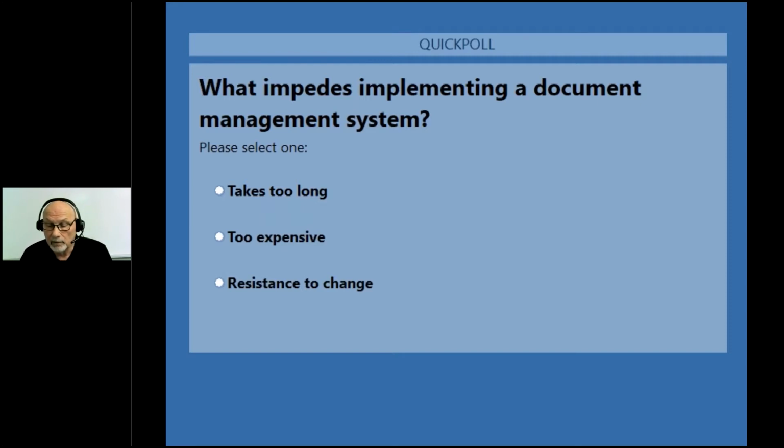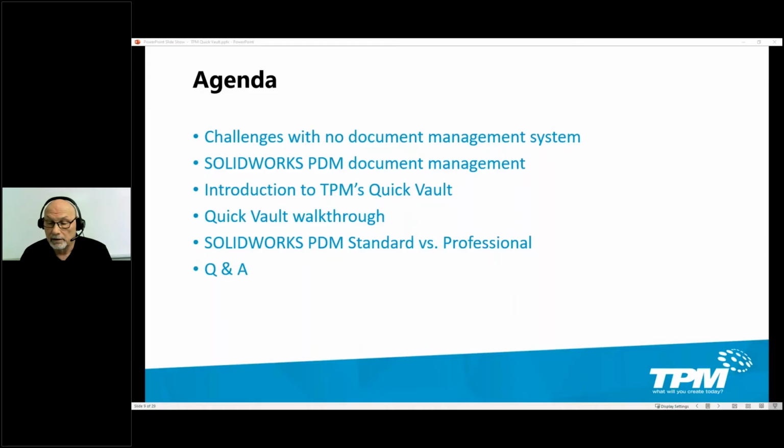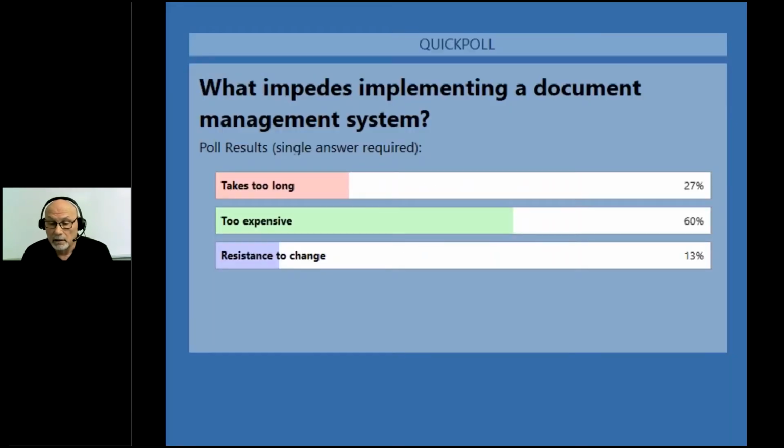Give it a couple more seconds here. All right, I think everybody has answered. Close that and let me share it. So we have 27% say it takes too long to implement it, 60% say it's too expensive, and 13% resistance to change.